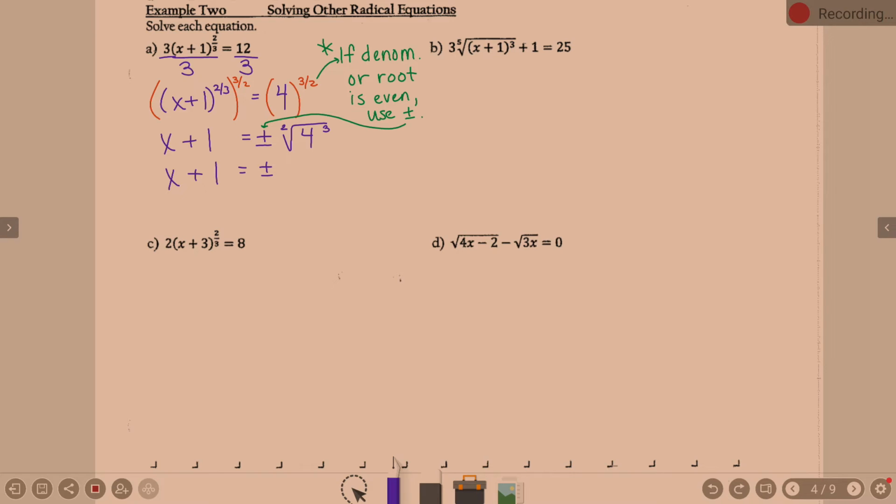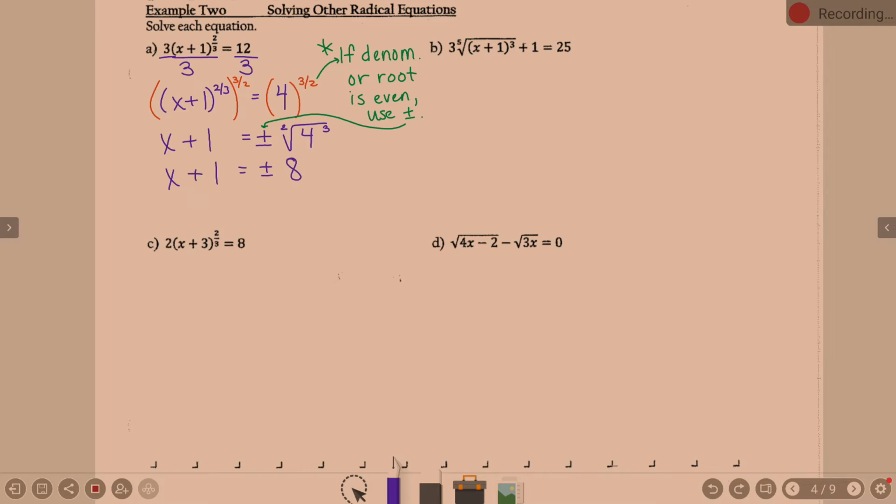What's 2 to the third? 8. So this is plus or minus 8. Now, some of you that went the other way, 4 to the third is 64, and the square root of 64 is 8. Did we meet in the end? Yes. So, point being, it doesn't matter whether you do the root or the power first.